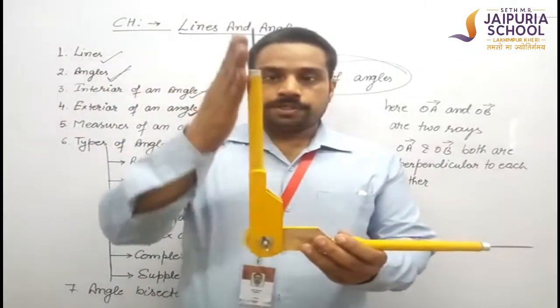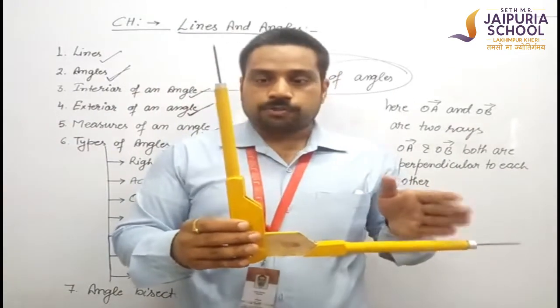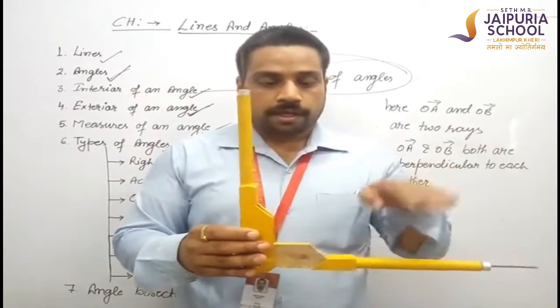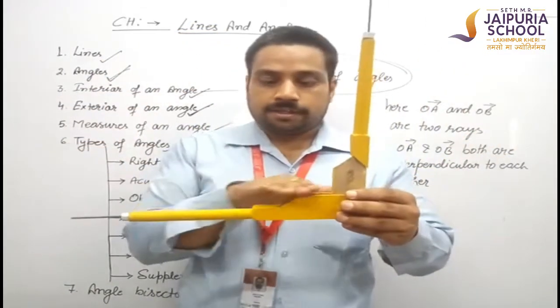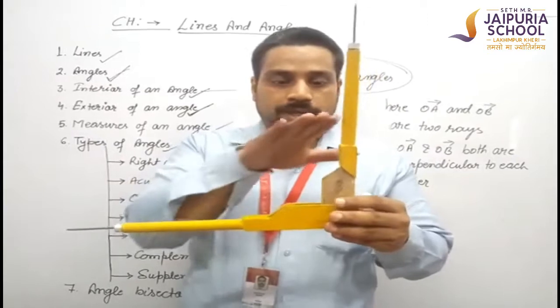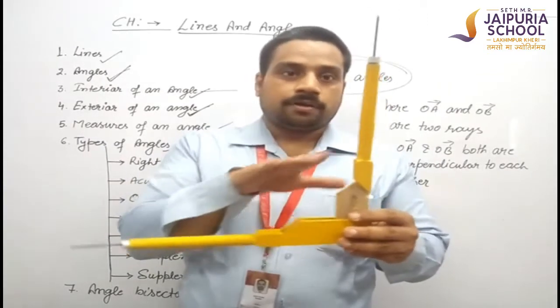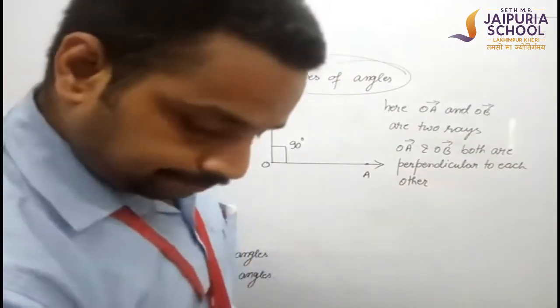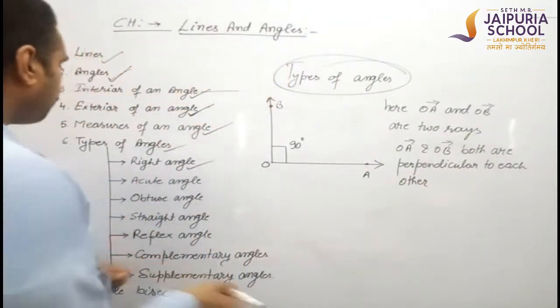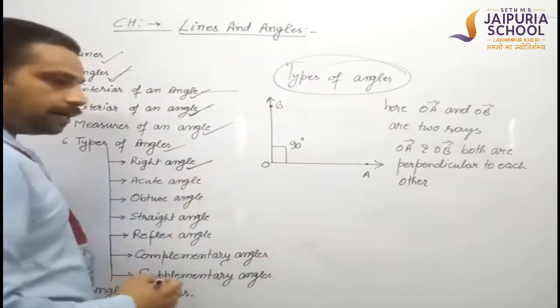Now this ray is perpendicular to this one because both are making a 90 degree angle. In another way, I can say that this ray and this ray both are making the perpendicular to each other. So right angle is clear, I think.